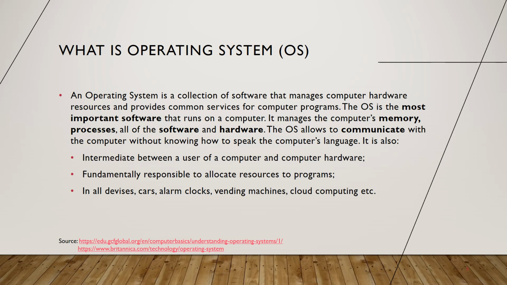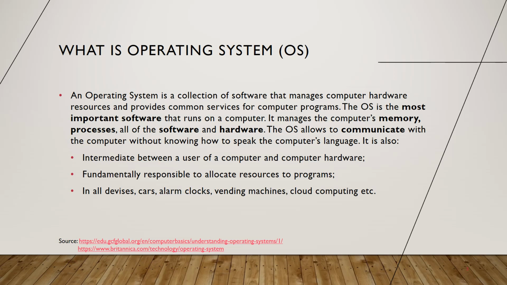It's the most important software that runs on a computer. As I said, it manages computer's memory, processes, all of the software and hardware. The operating system allows us to communicate with the computer without knowing how to speak the computer's language. Besides, it's also an intermediate between a user of a computer and the computer hardware.